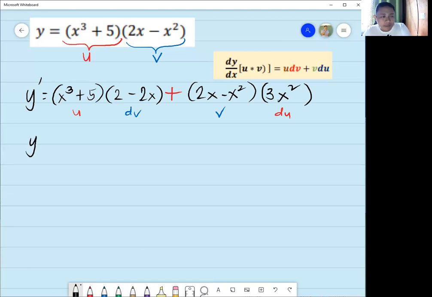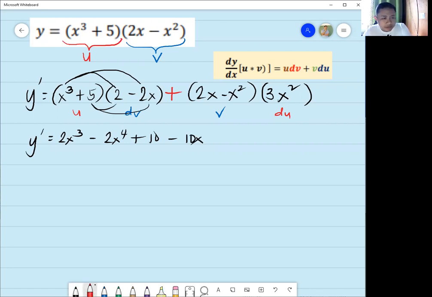So y prime will be equal to, okay, this is distributive property, FOIL method. X cubed times 2, that's 2x cubed. And then outer minus 2x raised to 4. Inner plus 10. Last minus 10x. Let me put parenthesis here to put distinction. Kaya kahit wala na.